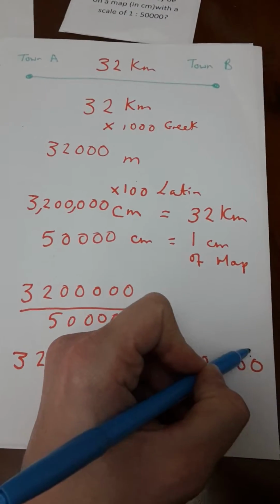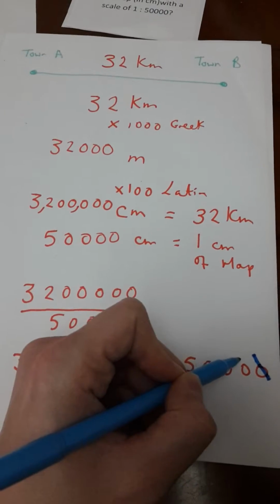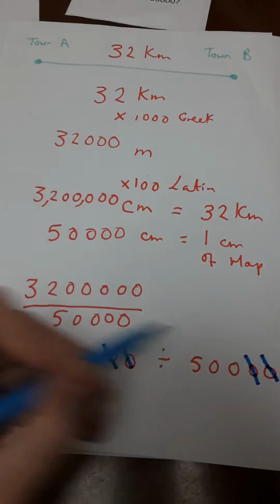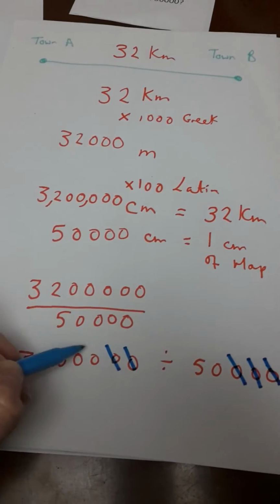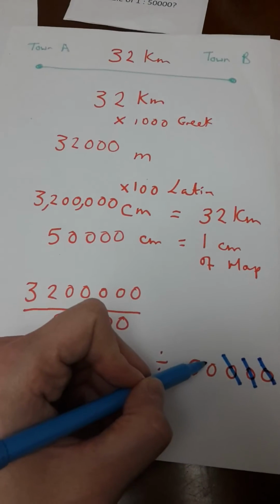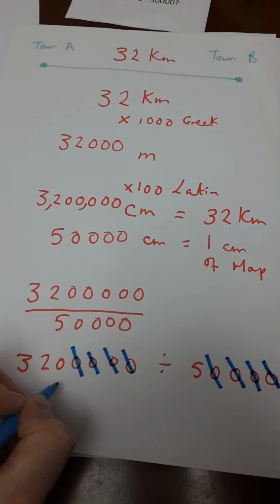So if I divide both through by 10, I still get the same answer. If I divide both through by 10 again, I still get the same answer. If I divide both of them through again by 10, then I still get the same answer. And then if I divide both through again by 10, I end up with the same answer.